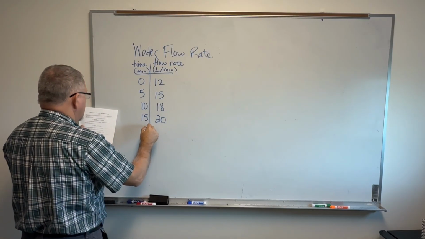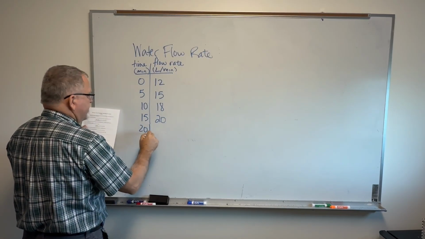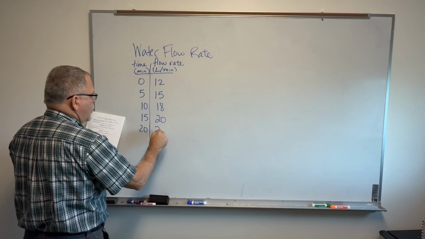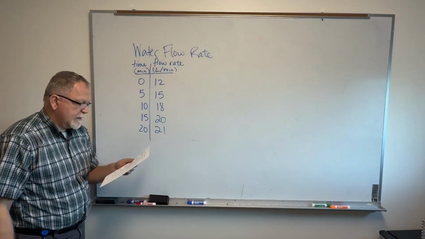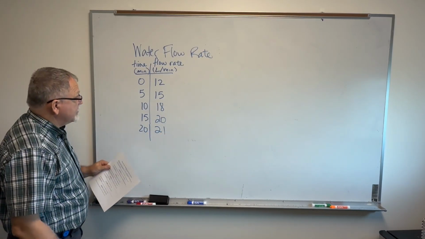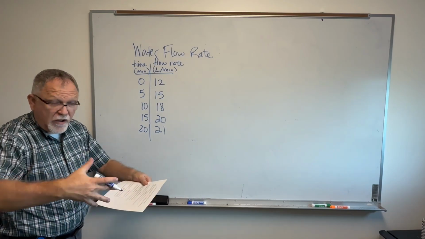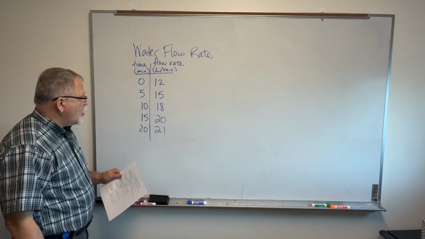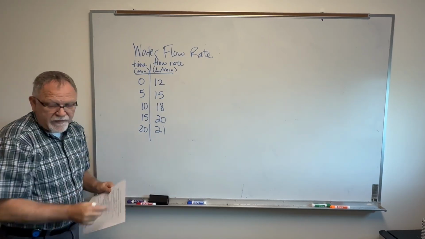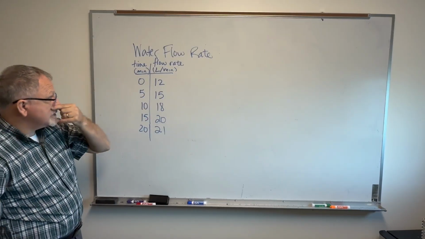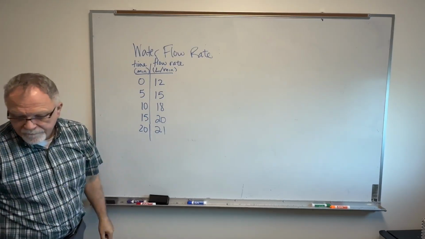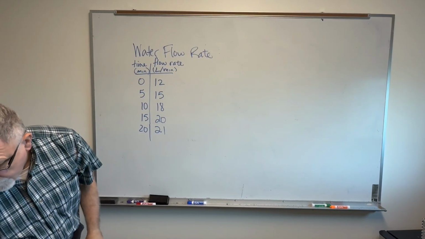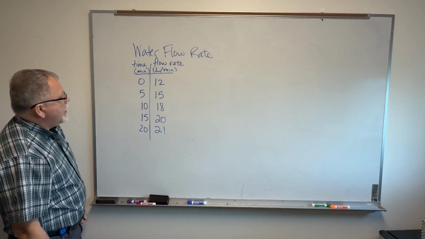And then finally, 20 minutes in, the flow rate is 21 liters per minute. And so I'm supposed to get an estimate for the accumulated volume over this 20-minute period with this variable flow rate. So this is like water flowing into a tank. So how might I do that?